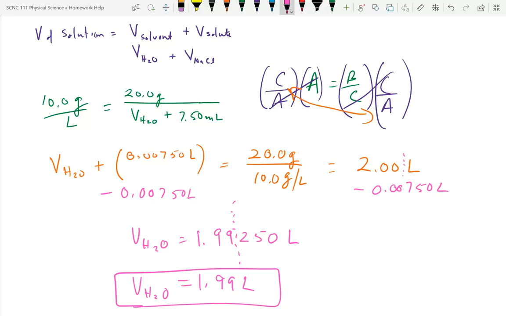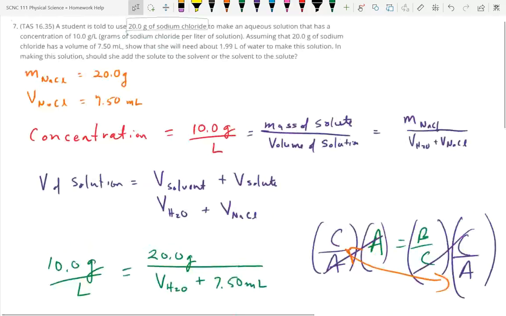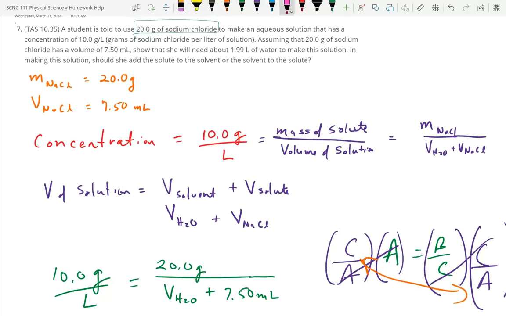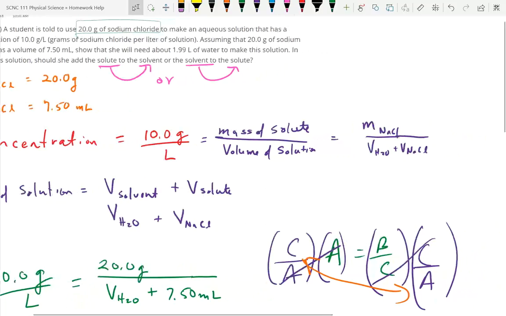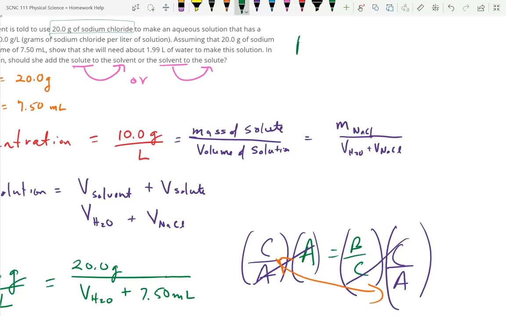Nope. Okay, then there's a second part to the question. Should she add the solute to the solvent or the solvent to the solute? There's a simple rule we always follow. Leslie, what's that simple rule? You always do the solute to solvent.